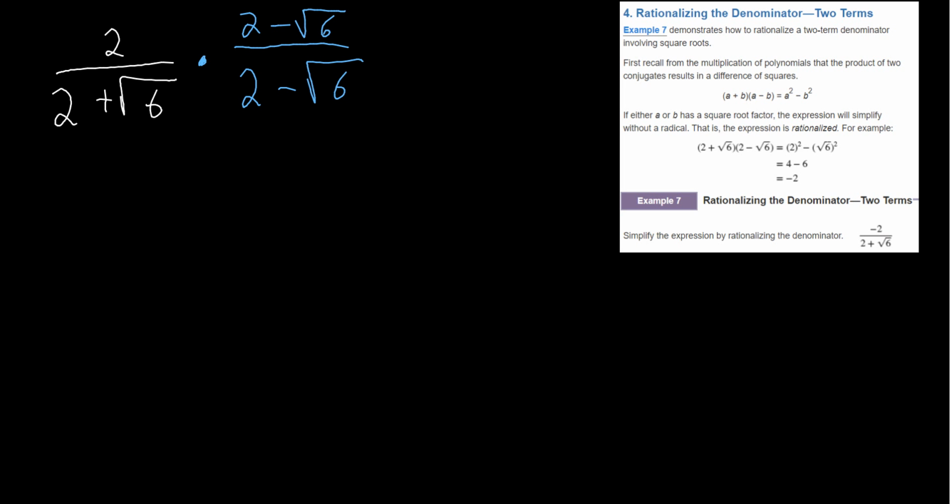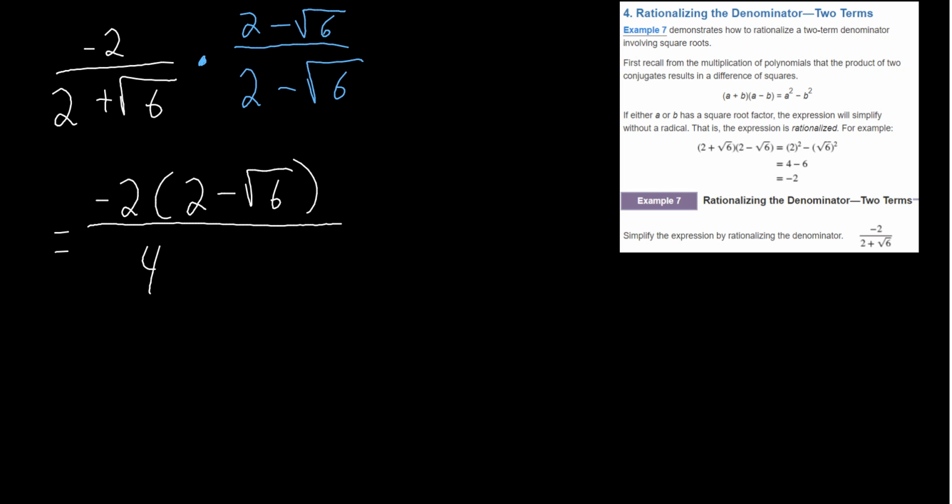Okay, well, my numerator becomes, let's go ahead and put the equal sign right here, 2 times 2 minus the square root of 6. And my denominator is going to become, that's a negative 2. There we go. My denominator is the difference of squares, which is a squared minus b squared. Well, a here is 2, so it's going to be 4 minus b squared.